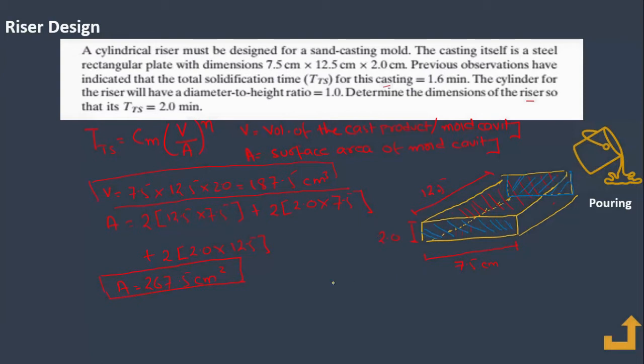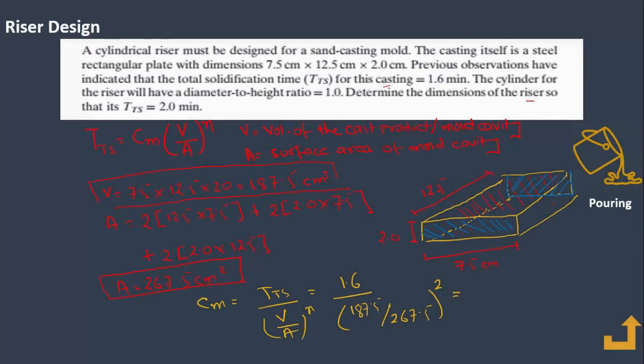Now we have the volume, we have the surface area, and we know the time for solidification for the cast is 1.6 minutes, so we can directly calculate the mold constant. So we can calculate the mold constant, Cm equals to the time of solidification divided by V by A to the exponent n, so that would be equals to 1.6 divided by 187.5 divided by 267.5 exponent 2.